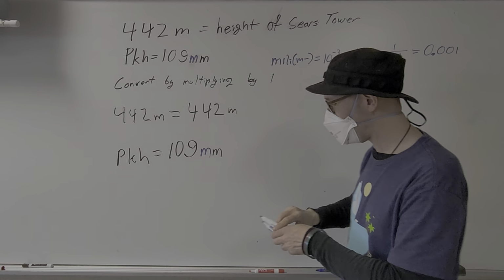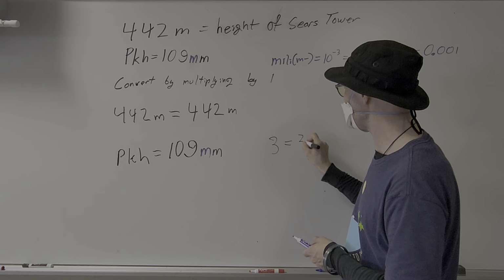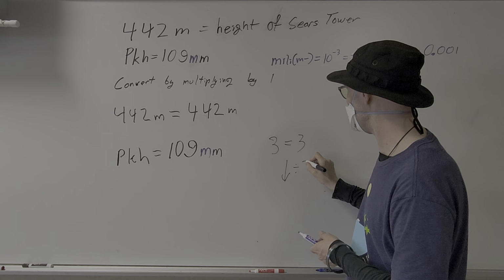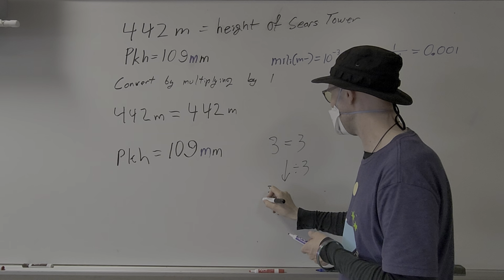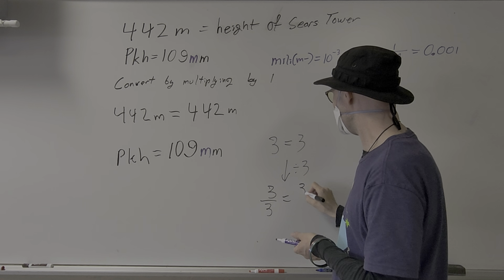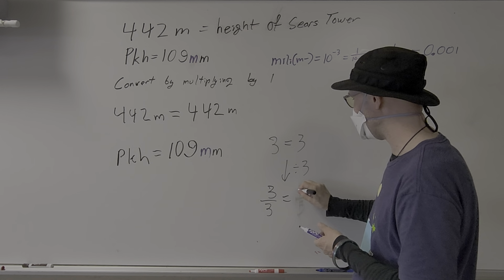If I have two things that are equal, let's say 3 equals 3, I can divide by one of the sides, and I get 3 over 3 equals 3 over 3, which is, of course, 1.